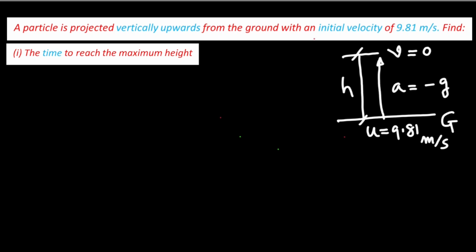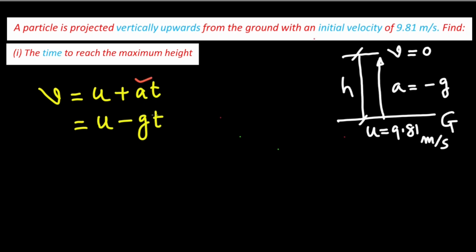In order to find the time required to reach the maximum height, we will use the first kinematic equation, which is v is equal to u plus at, that is u minus gt, replacing acceleration by acceleration due to gravity g.